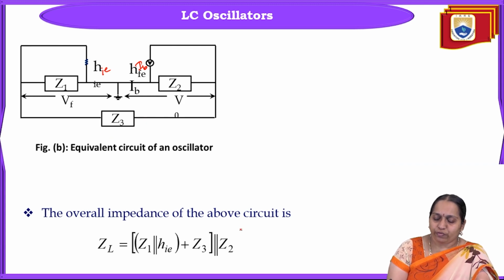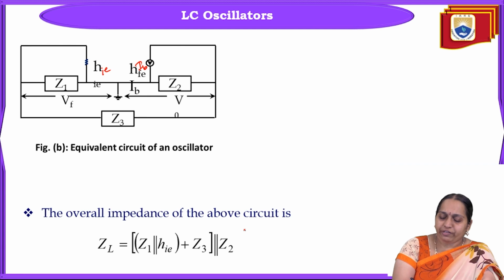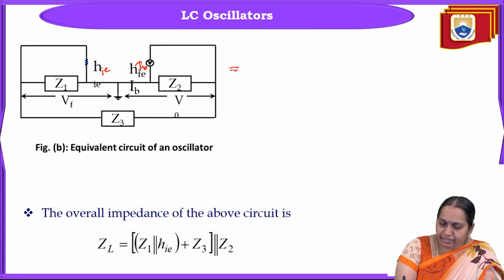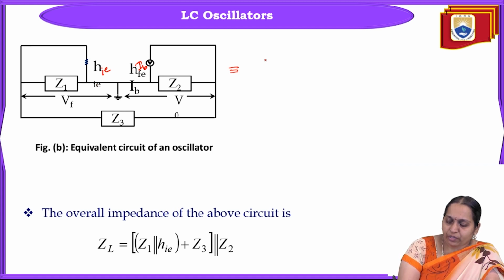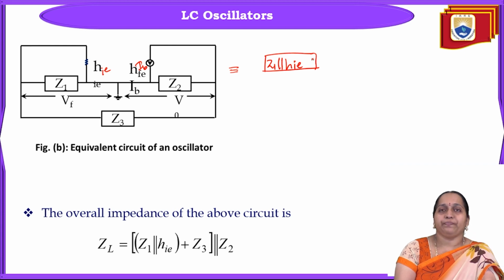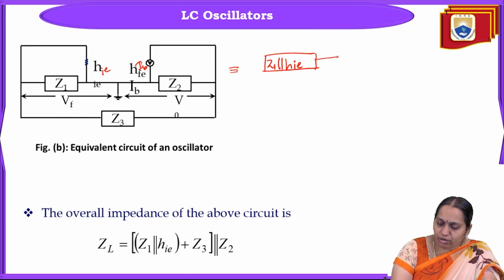So the overall impedance of this circuit. Now, if I try to write its equivalent, you can see that Z1 and hie are in parallel first. So if I just draw one block, Z1 parallel to hie, one end is connected to ground, and on the other end it is connected to Z3.